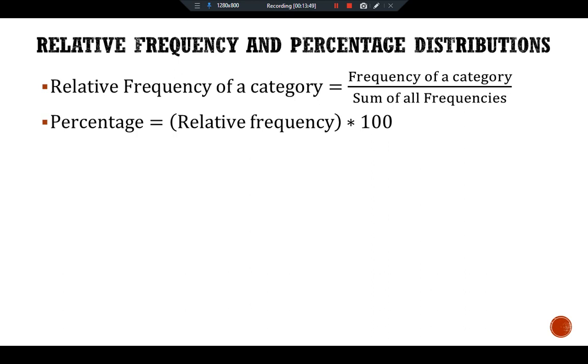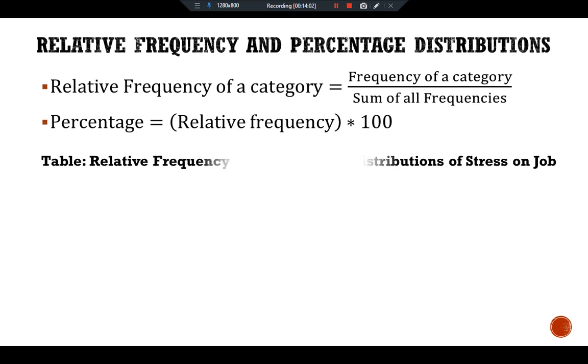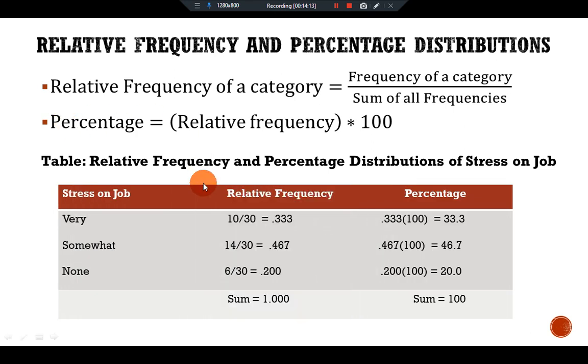So let's see the empirical example for the relative frequency and percentage distribution. Here we have the relative frequency and percentage frequency distributions of stress on job. We know that we get 10, 14 and 6 as the frequency of each class.